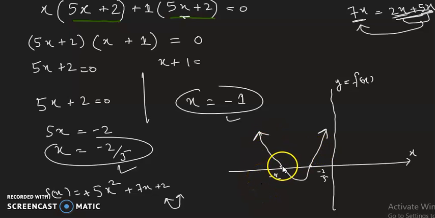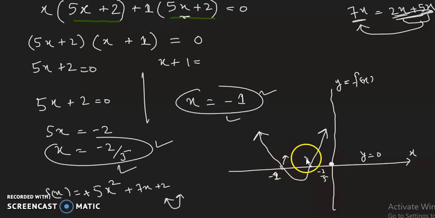So if we see the x values, negative 2 over 5 and negative 1 are here. The graph is passing through the x-axis at these two points, these two values of x, and here we clearly see that the y value is 0, because on the x-axis y is equal to 0.